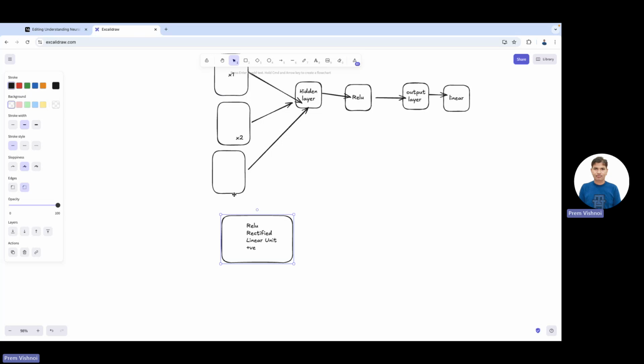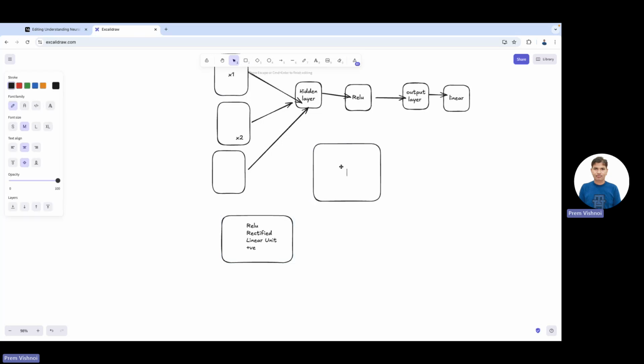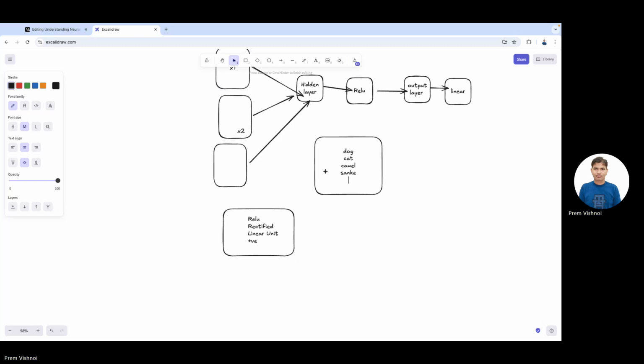Now some classification functions. Classification means you want to find whether this is a dog, this is a cat, this is a camel, this is a deer, or something like that. For this one we use a function called sigmoid.